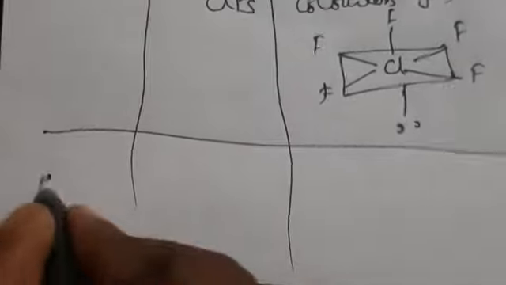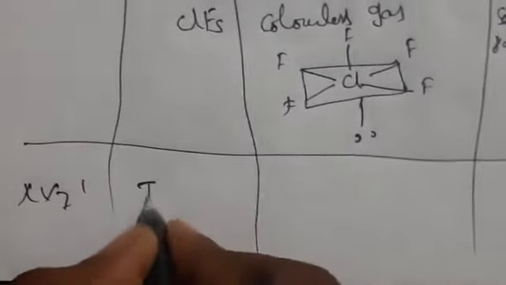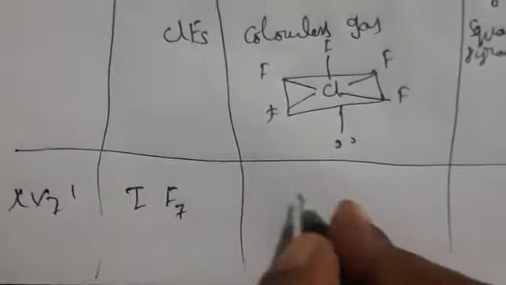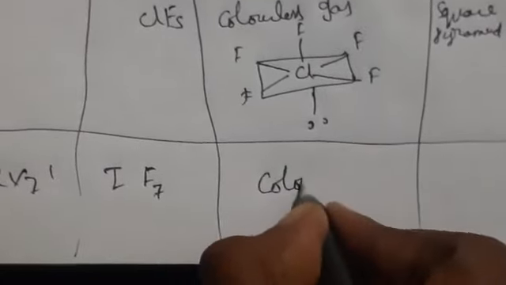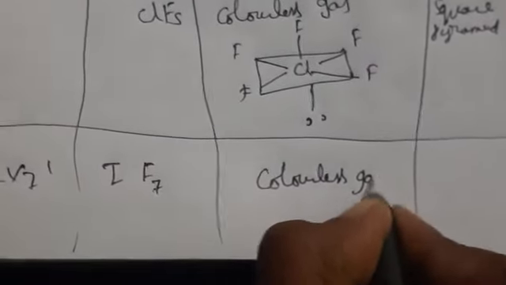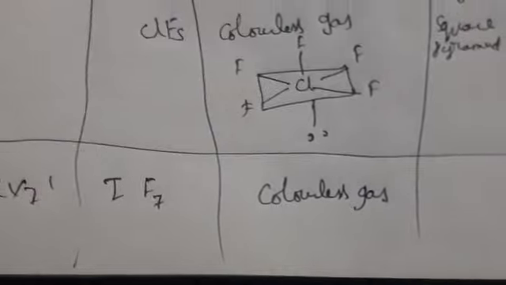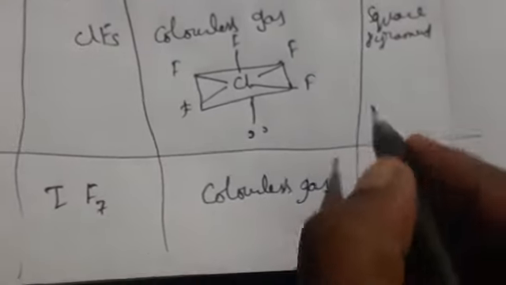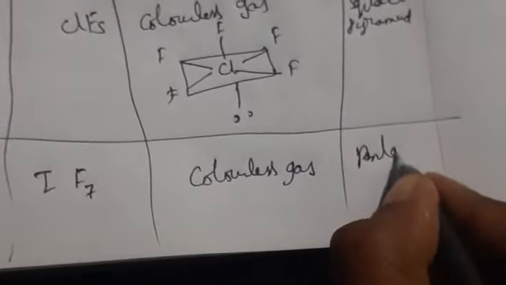And coming to XX'7, it forms only one compound, that is IF7, which is a colorless gas. Maximum halogens form gases only, which are colorless. Here we get a pentagonal bipyramidal structure.